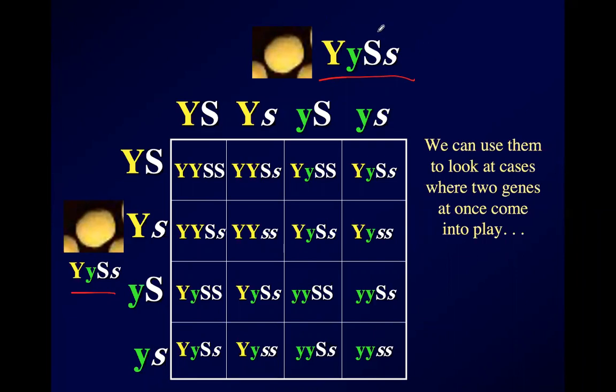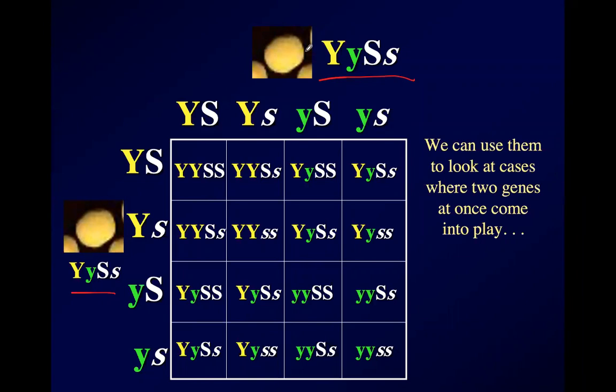And the S gene governs the shape of the pea, with smooth being dominant to wrinkled. Both these plants are heterozygous for both of these genes, and each one will pass on one of each pair of genes, but not more.